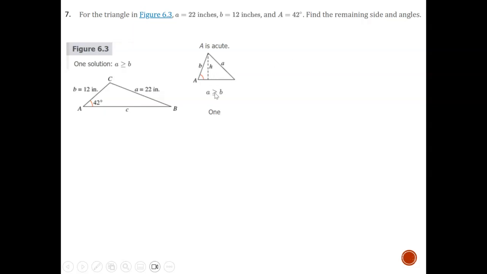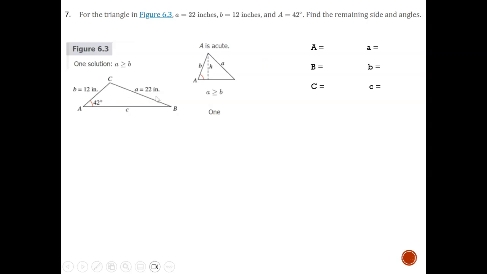All you do is compare the A and the B, or the A, the B, and the H. In this case, because side A is more than side B, it's going to be 1 triangle. Okay. So again, we've got to find all the angles and all the sides that correspond to those angles.